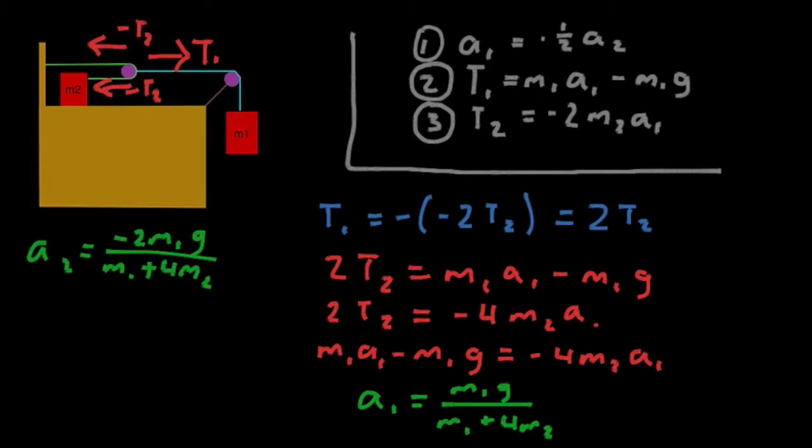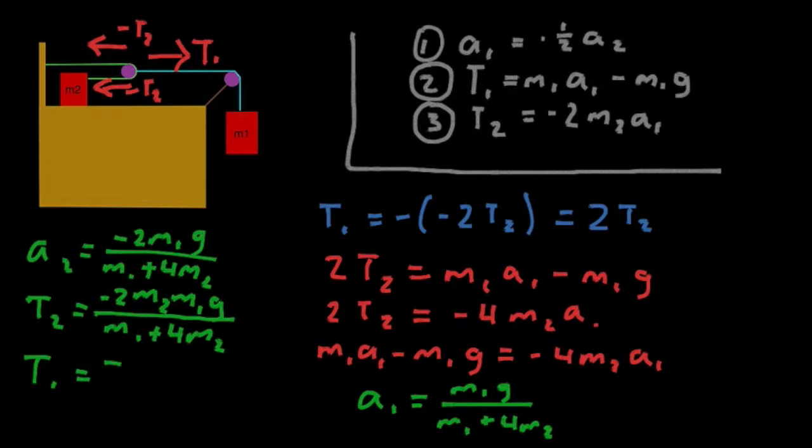And if we're looking for the tension forces, we know that T2 is equal to minus 2 m2 a1, so T2 equals minus 2 m2 m1 g all over m1 plus 4 m2, and then T1 is simply equal to 2 T2, which is minus 4 m2 m1 g all over m1 plus 4 m2.